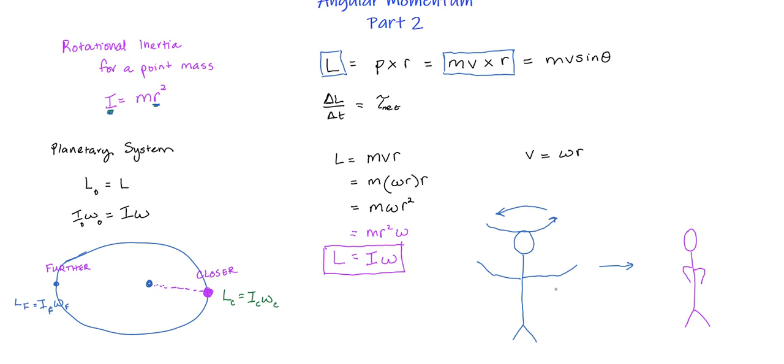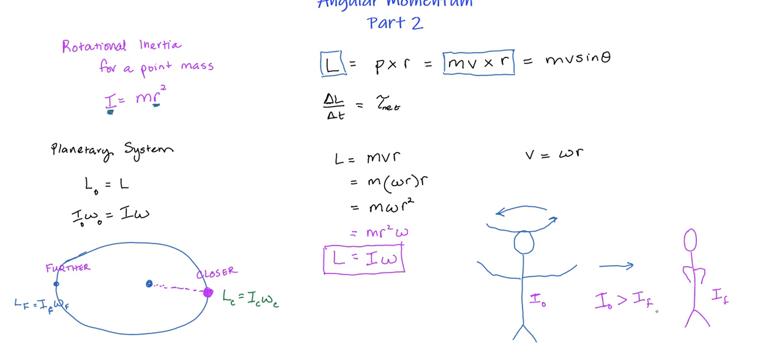And what that's going to do from the perspective of this equation is that here, let's call this I initial and this I final, we've seen that what's happened from here to here is that the I initial, or the initial rotational inertia or moment of inertia, was larger because we had the mass of the person's arm spread out a lot further.